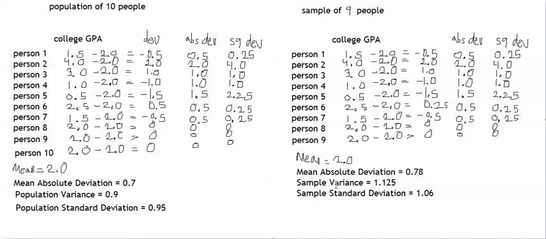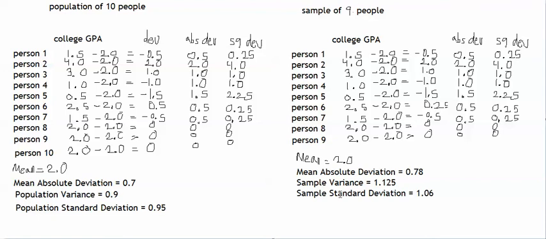And you might be wondering why the variance and standard deviation are adjusted when it's a sample, but the mean absolute deviation isn't adjusted. No adjustment has been developed for the mean absolute deviation because it's pretty much never really used in actual data collection, but the variance and standard deviation are used. So they actually have developed an adjustment for variance and standard deviation for when the data comes from a sample.